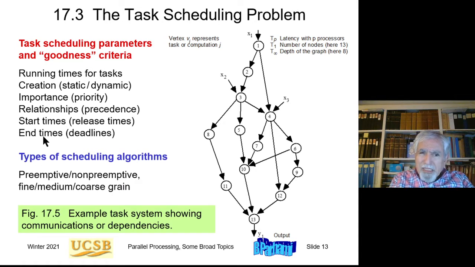Finally, tasks may have end times or deadlines. For example, this task 10 is a prerequisite for task 13, but may itself have a deadline. It must be completed by a certain absolute time for it to be useful. If the deadline is missed, either the task is rendered totally useless, or sometimes we have something called soft deadlines. A soft deadline is not 0 or 1.